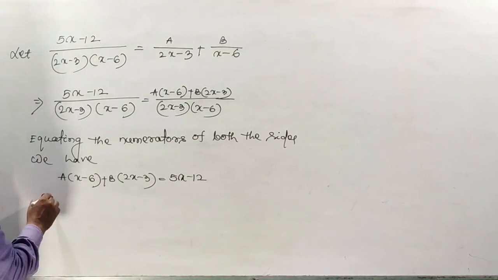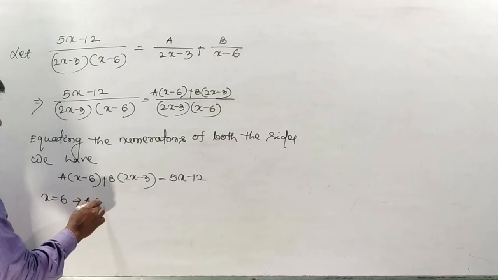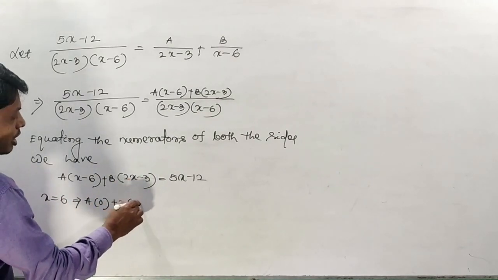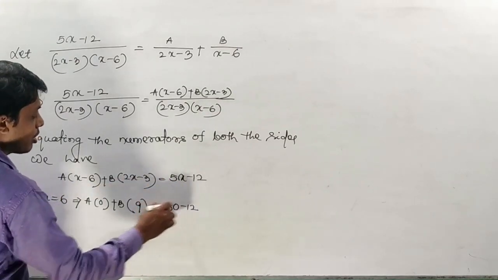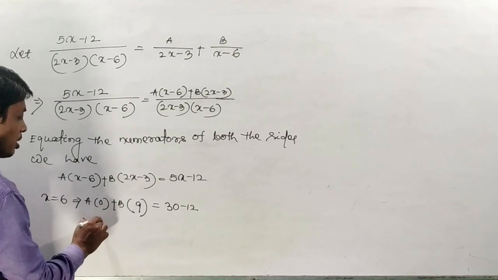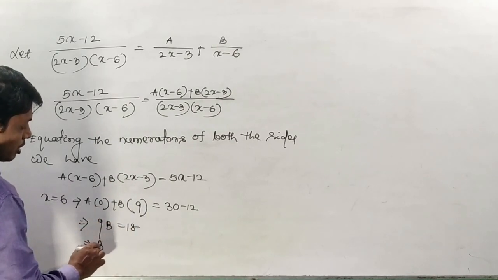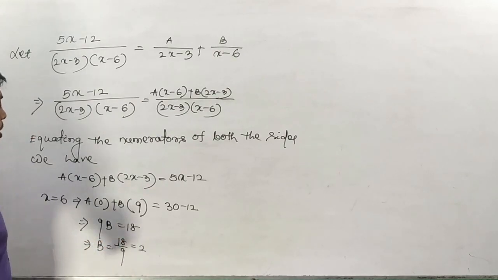Then taking x is equal to 6, equating this factor to 0, now a into 0 plus b into 12 minus 6 is your 9. 5 into 6 is your 30 minus 12. And then 9b is your 18, implies b is your 18 by 9, which is equal to 2.